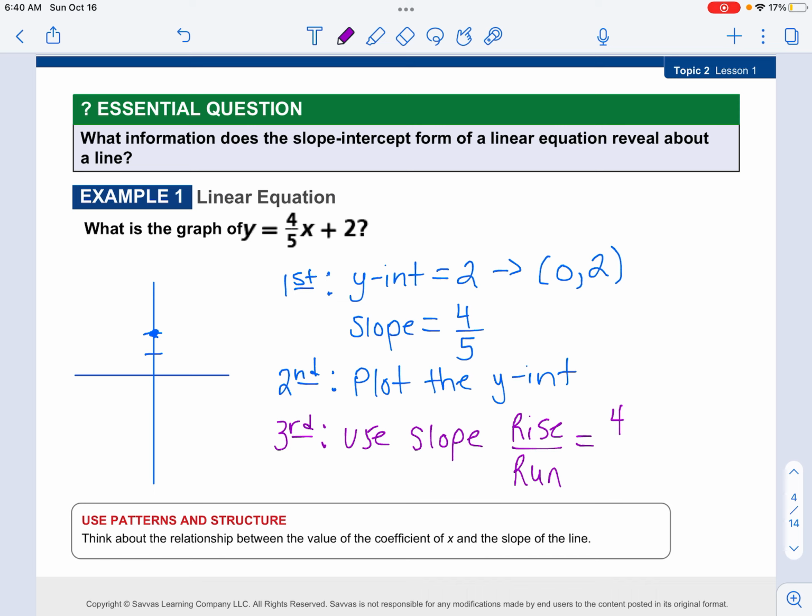My rise is 4, my run is 5, and they're both positive. So from positive 2, I'm going to go up 4 and then to the right 5, and draw a line through both of my points. And you have the graph of y equal to 4 over 5x plus 2.